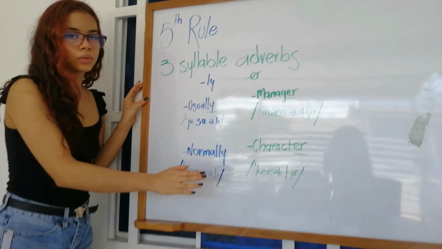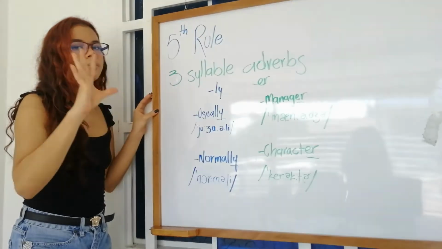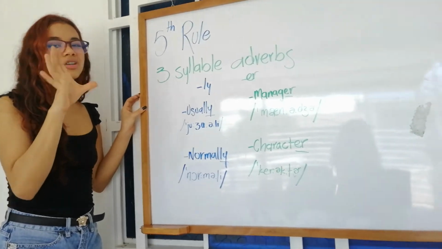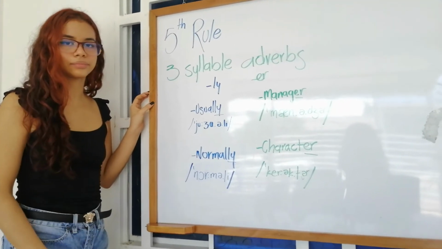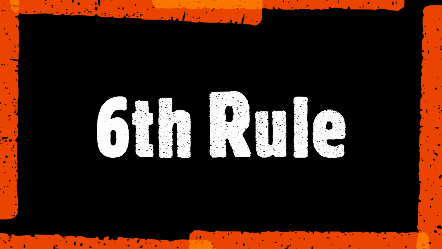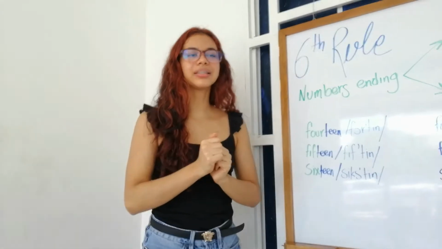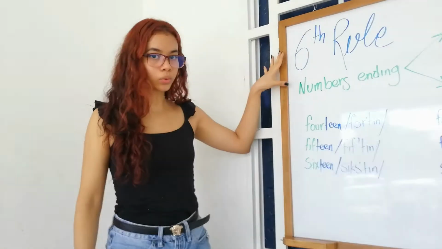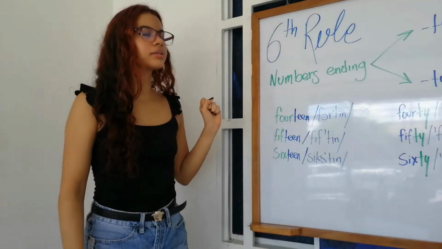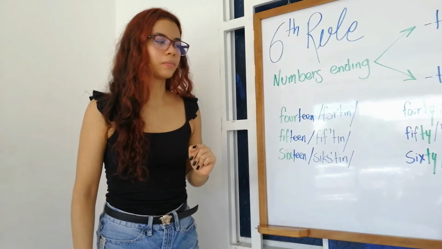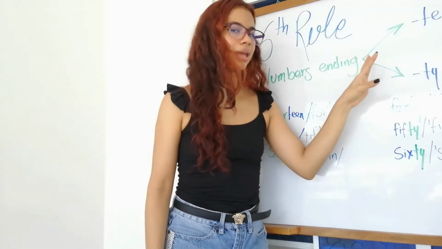Now this is the fifth rule. I know it looks a little bit more complicated, but actually it's real easy. Okay? All right, let's jump into the sixth rule. This is quite simple. I know I'm saying this is simple for everyone, but it is.